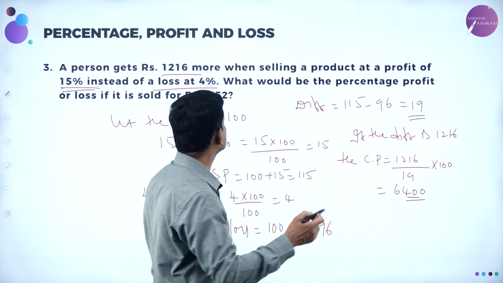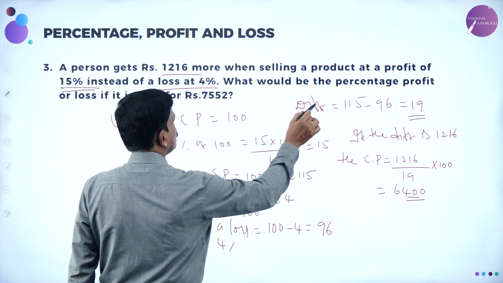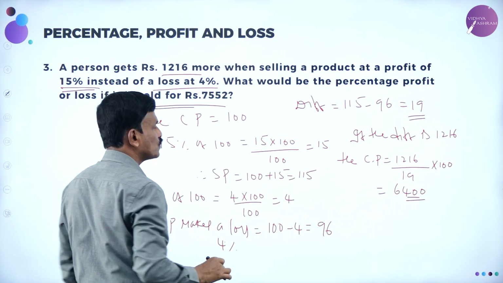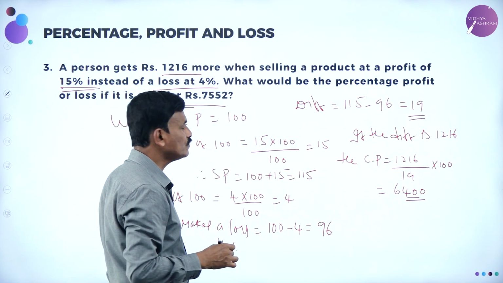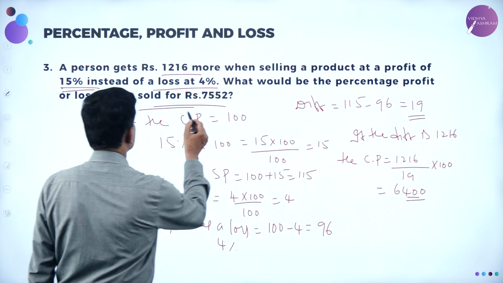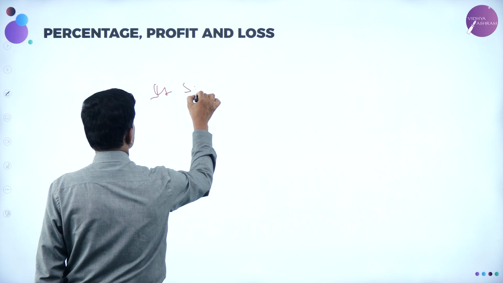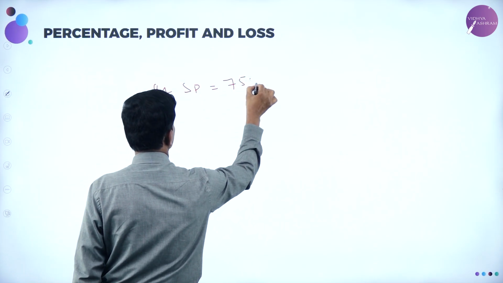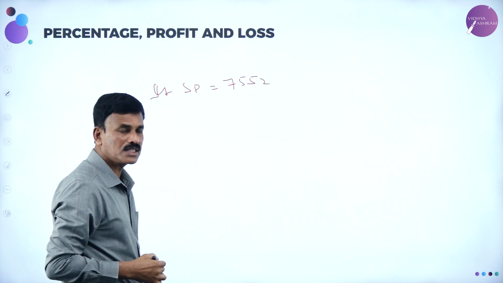What is the second case? In the second case, what would be the percentage profit or loss if it is sold for rupees 7552? Now suppose the selling price SP is equal to 7552.